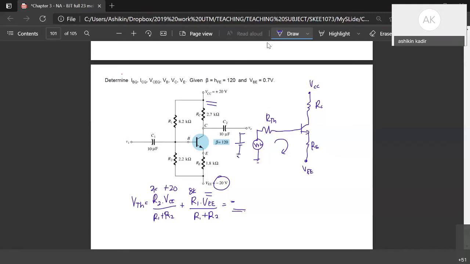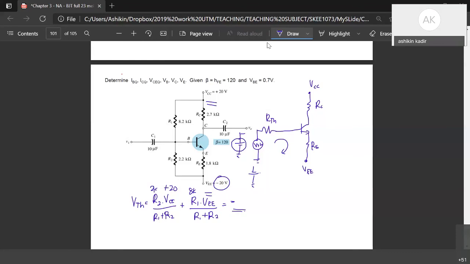But now our VTH is minus, so easier for us if we put VTH with a symbol in a circle, or if you want to draw, you need to draw the direction for the VTH in the negative direction, like this.